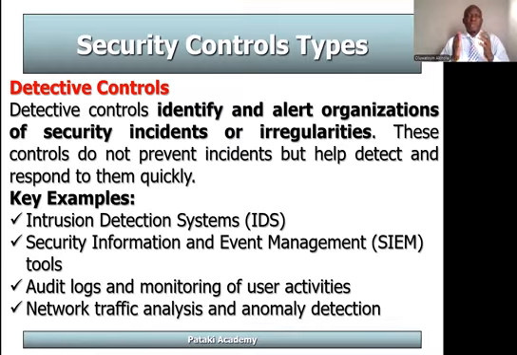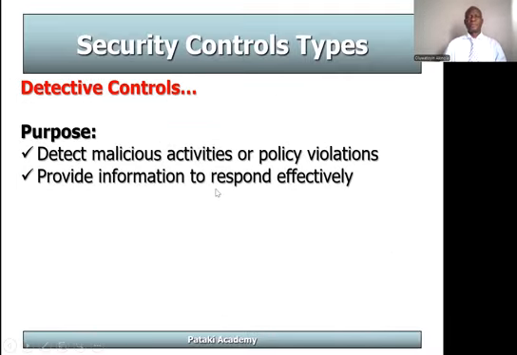Examples of this are intrusion detection system, security information and event management, audit log and monitoring, network traffic analysis, and anomaly detection. Detective control, the purpose, to detect malicious activities or policy violations. It provides information to respond effectively.